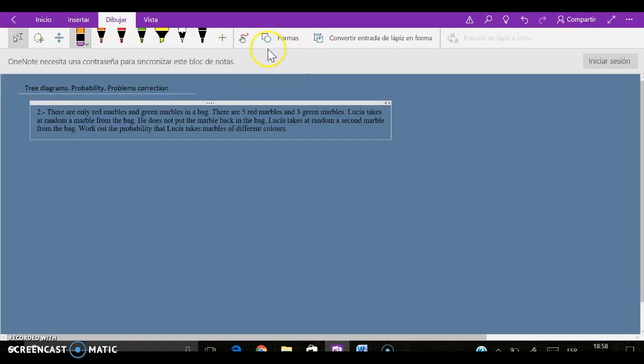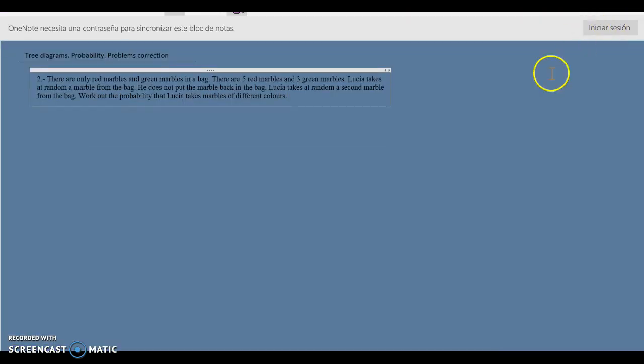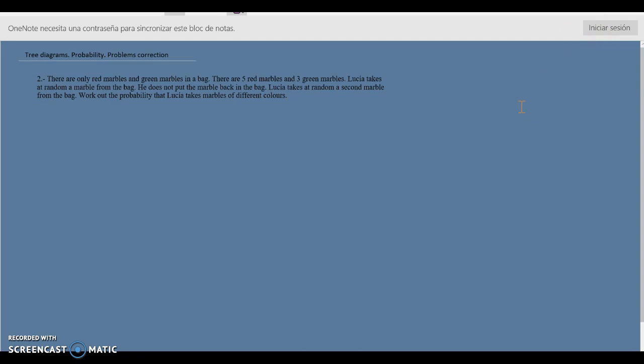Copy here. Okay. Let's move on. Well, again, read carefully the problem. I'm going to make again another tree diagram to represent the different options or possibilities that we have.